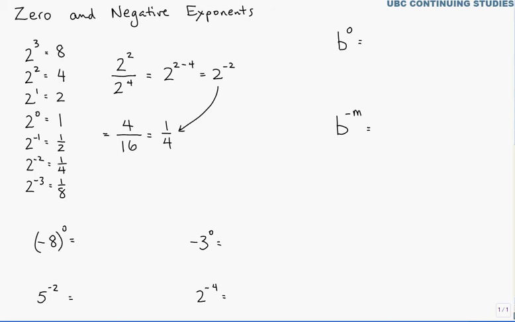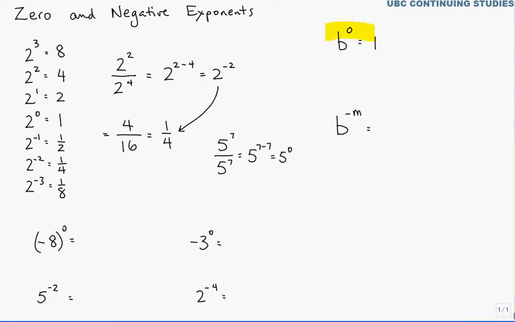Similarly, a zero exponent can be justified because anytime you have the same thing on the top and bottom, let's say 5 to the power 7 over 5 to the power 7, if we use our law for division, we would have 5 to the power of 7 minus 7, which is 5 to the power 0. Well, anything divided by itself is always going to be 1, and therefore anything with a zero exponent is always 1.